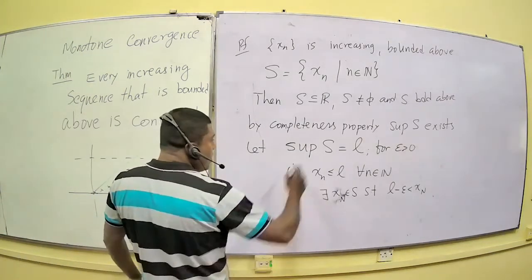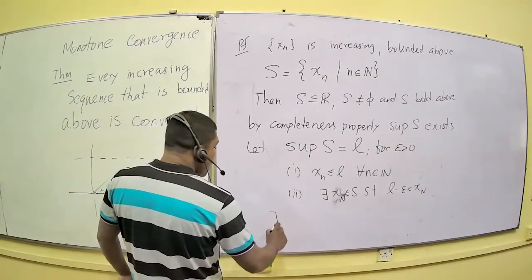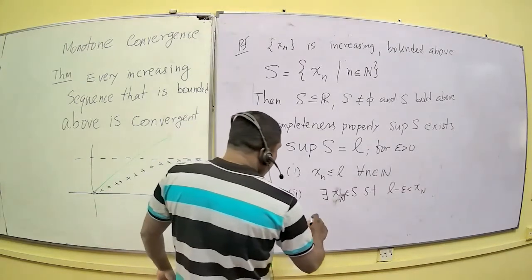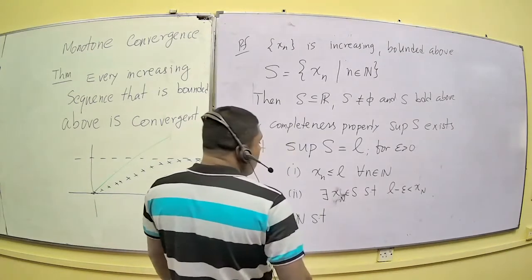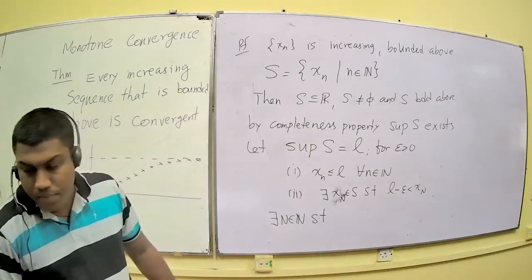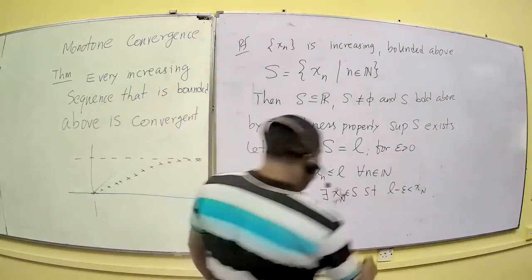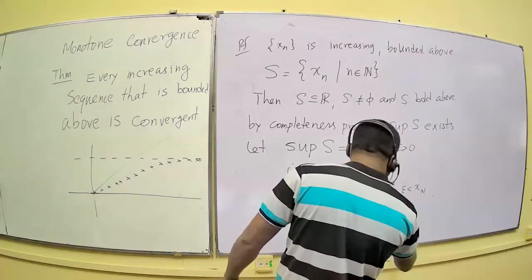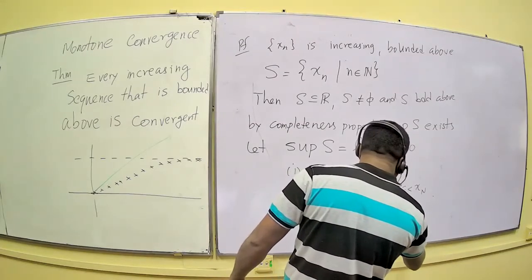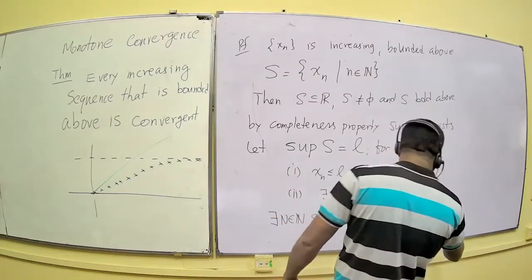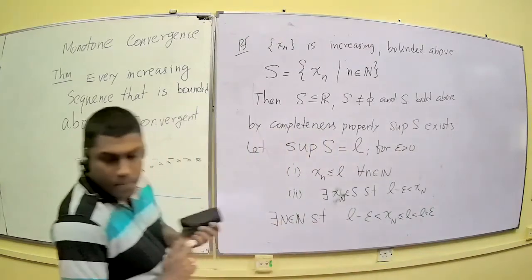So eventually, these two combine to what? There exists n belongs to natural number such that L minus epsilon is less than xn less than or equal to L, which is obviously less than L plus epsilon. You know that.